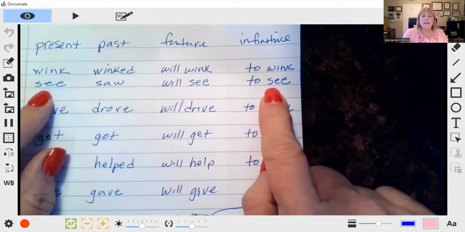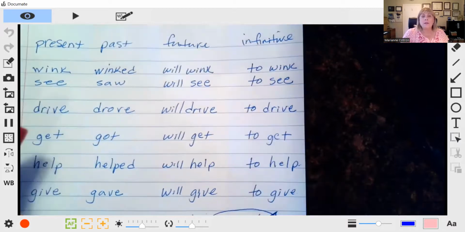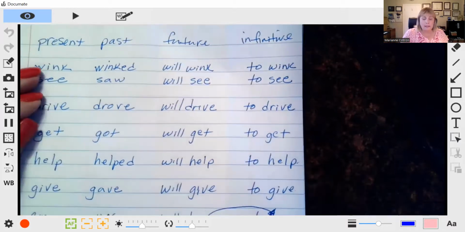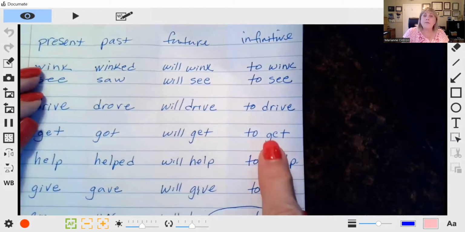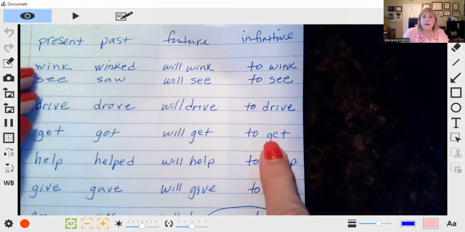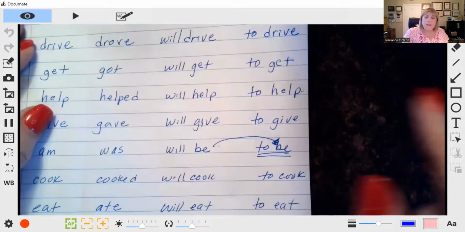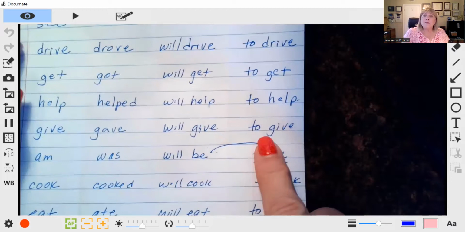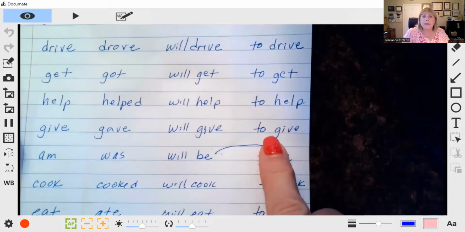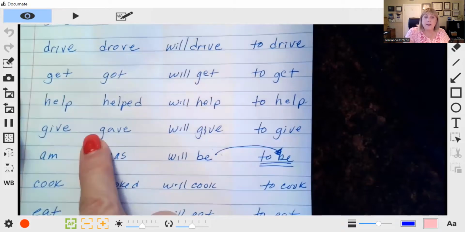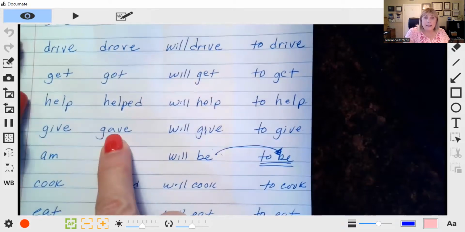So I said, say the infinitive to get, to get. What's the future tense of to get? Will get. Then I'll say to give. What's the past tense of to give? And she'll say gave. Now she's still learning these, so I don't expect her to know them automatically.